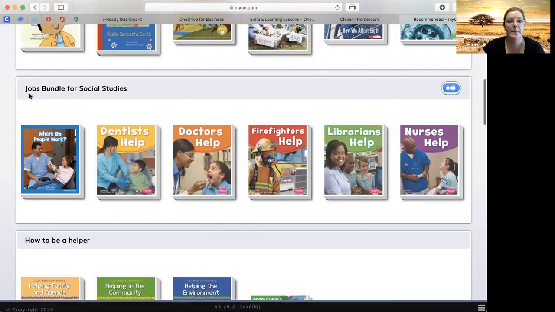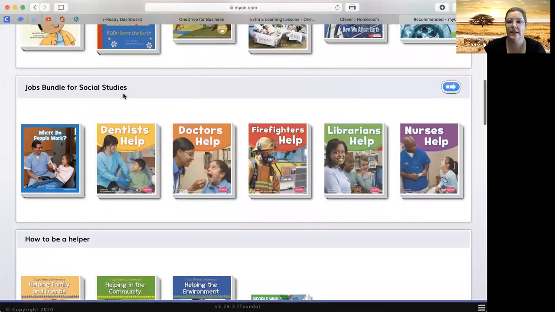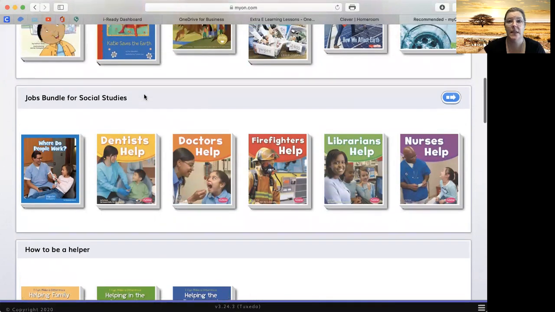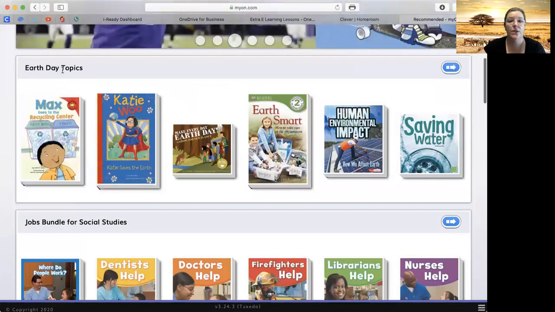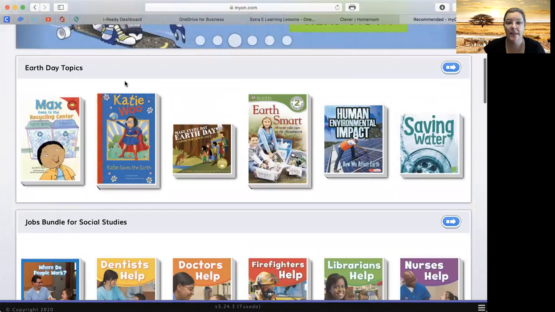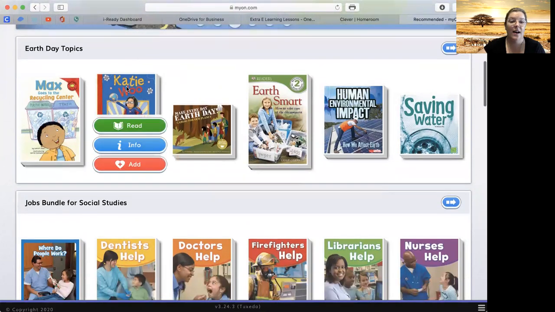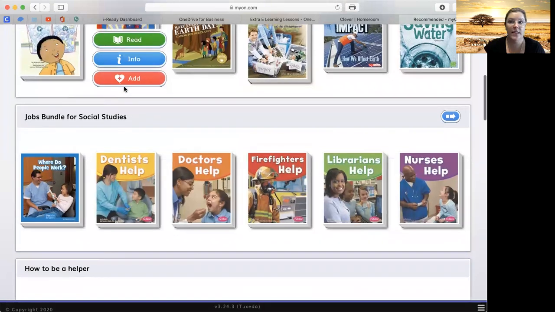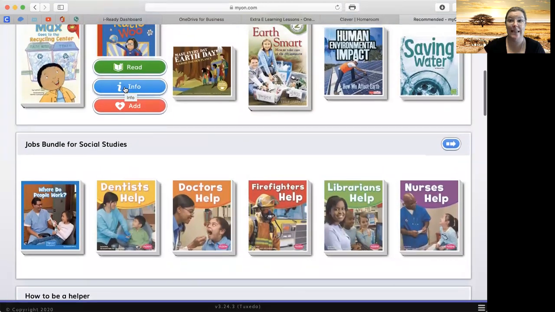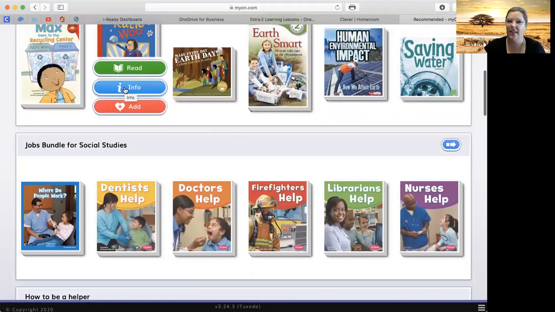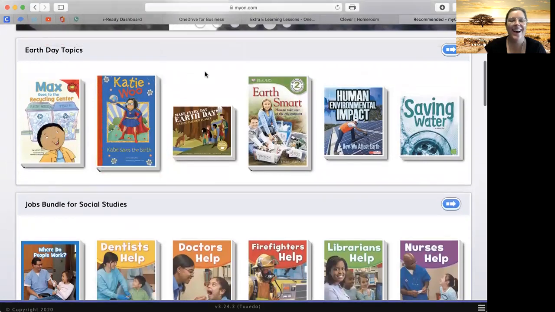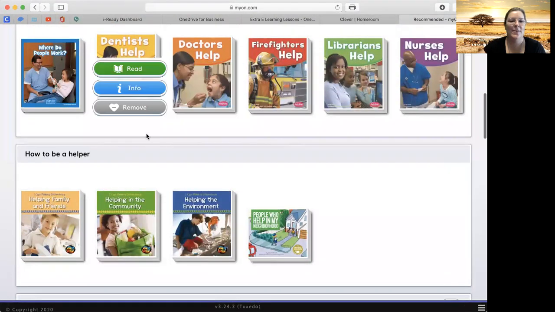So I've kept in the jobs bundle for social studies if you want to keep reading about the jobs. I've also included some Earth Day topics because Earth Day is coming up, alrighty? And actually Earth Day is Monday, Tuesday, Wednesday, I think. I think it's Wednesday. And then how to be a helper, just for fun.